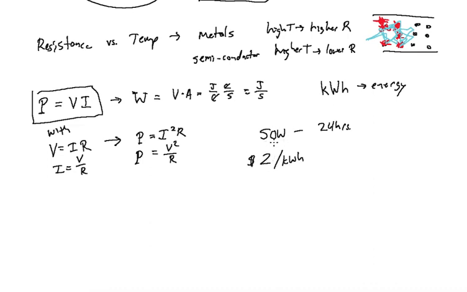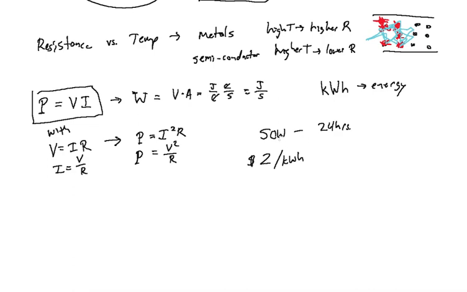You'd have to figure out how much actual energy you would use up in a 50-watt light bulb in 24 hours, and just make sure your units match up. This is in watts. You'd want to convert it to kilowatts, and you multiply it by how many hours you have, and you'd have the number of kilowatt hours you used up, and then for every one of those you'd have to multiply it by that too.